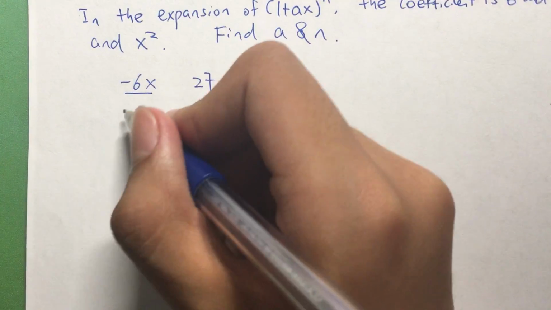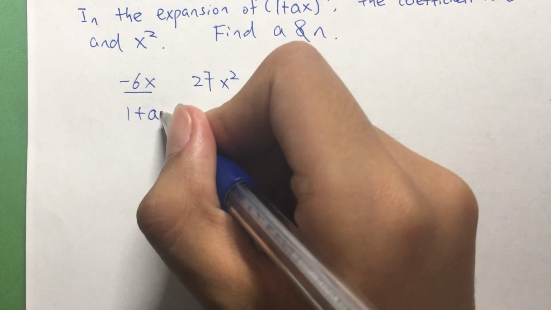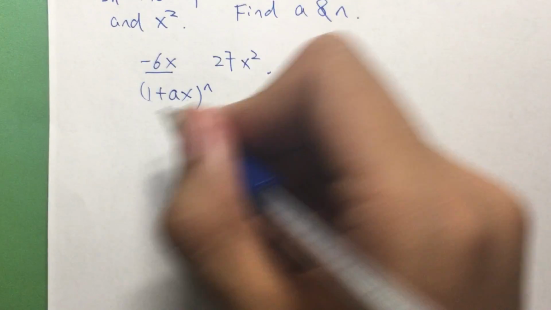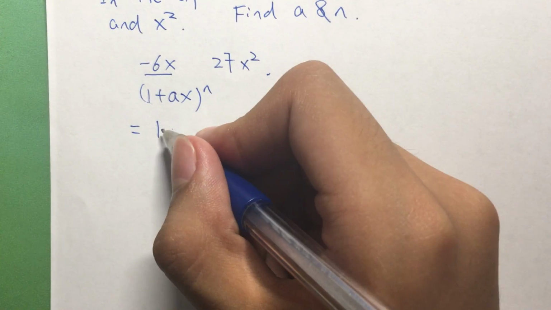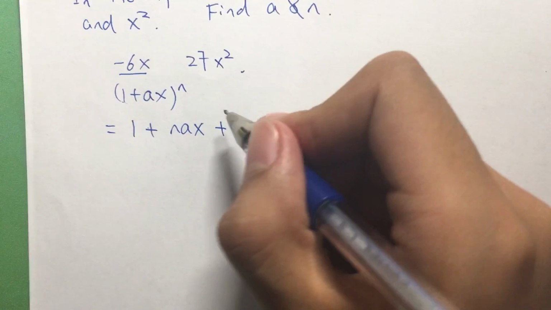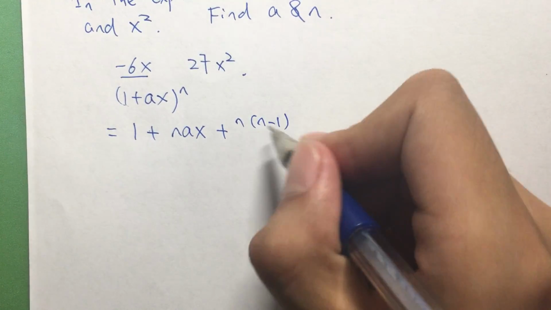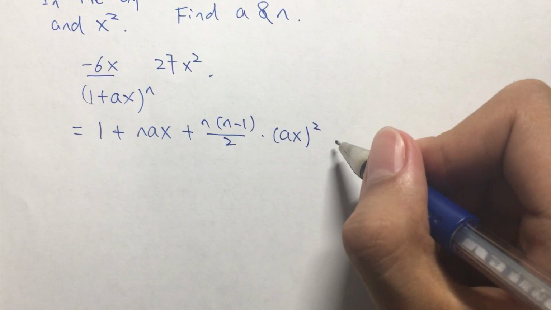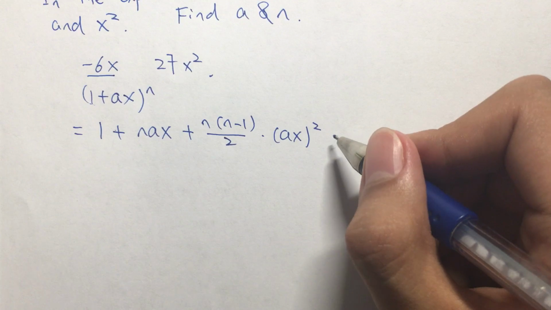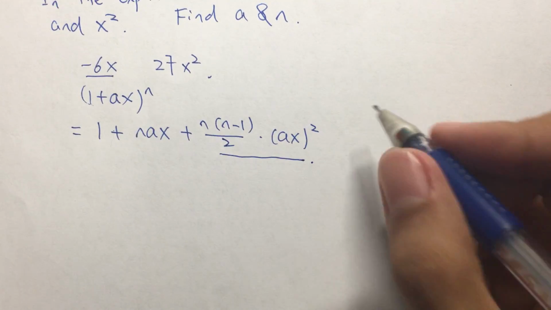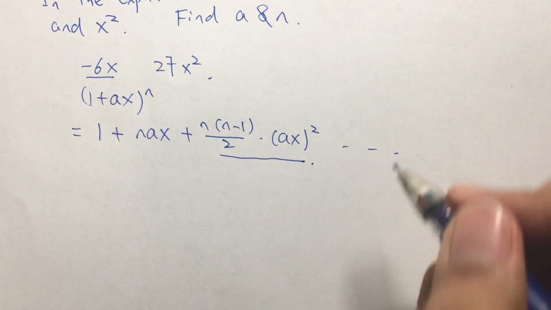So now let's expand (1 + ax) to the power of n first. It becomes 1 plus nax plus n times (n minus 1) over 2 times (ax) squared. Only for x and x squared, which means we only need to go until here, and we don't need to write anything else.